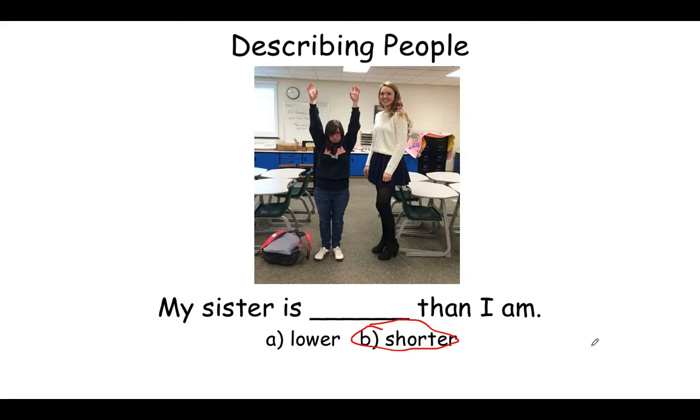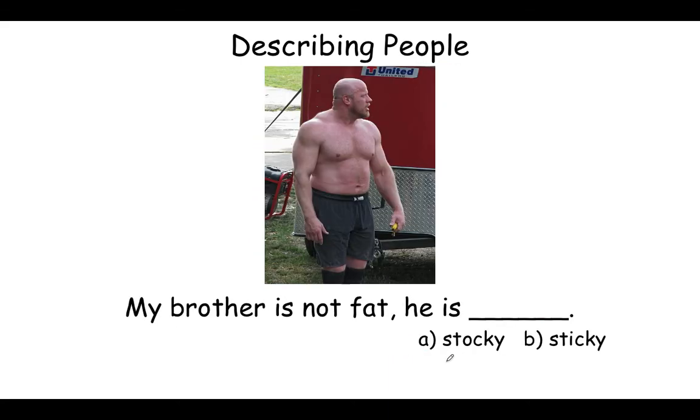So if you are saying my sister is short or my sister is shorter than I am, we don't use the word lower or low, because when you use the word lower or low, it could mean like she's sad. It could mean that she's actually lower than you, meaning like she's underground or something. So that's why we use the word shorter in English.